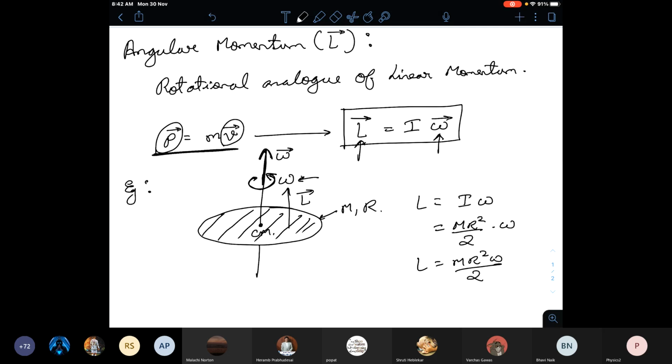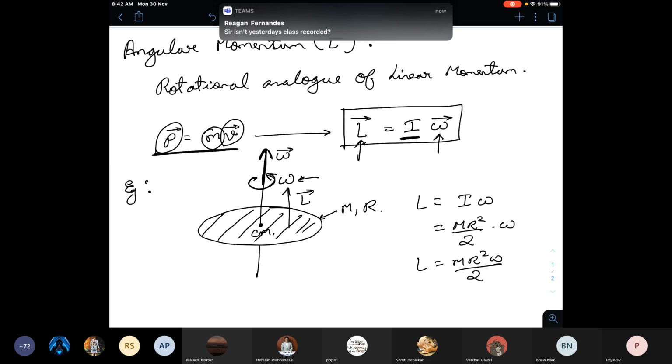Since it is analogous, I can start to replace the values. Linear momentum is replaced as angular momentum. Mass, I have already told you, the rotational analog of mass is moment of inertia. So instead of mass, I will replace it with moment of inertia.